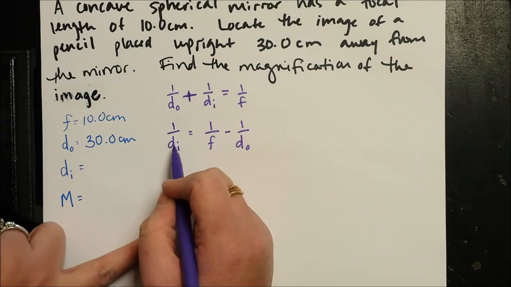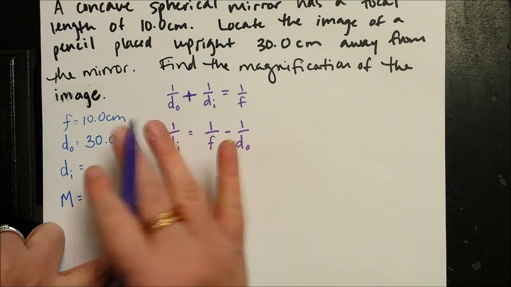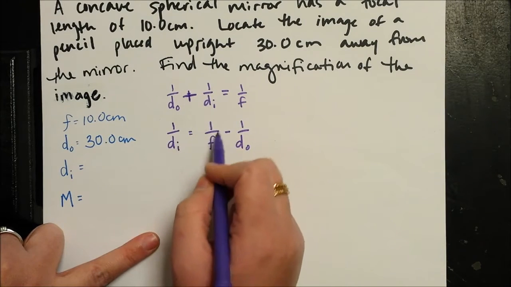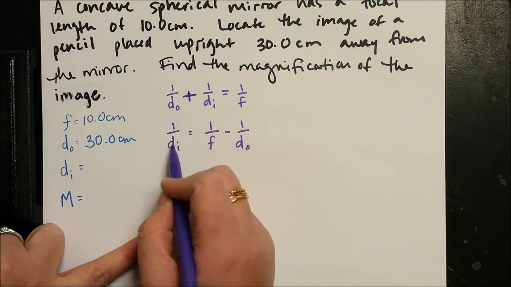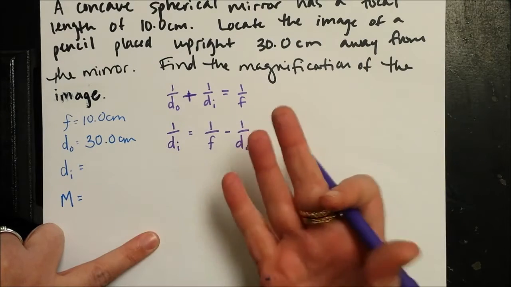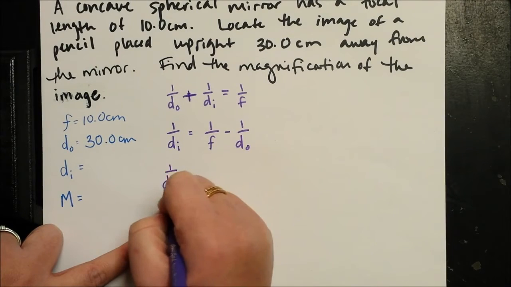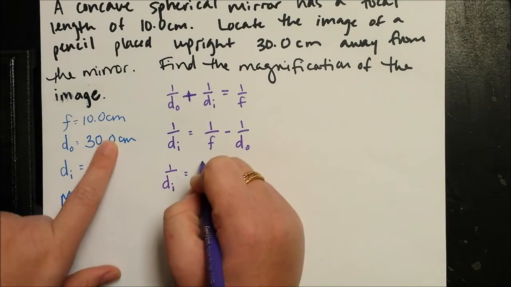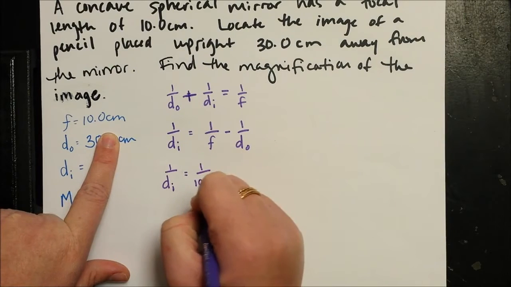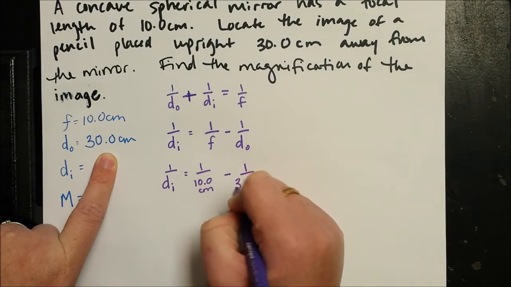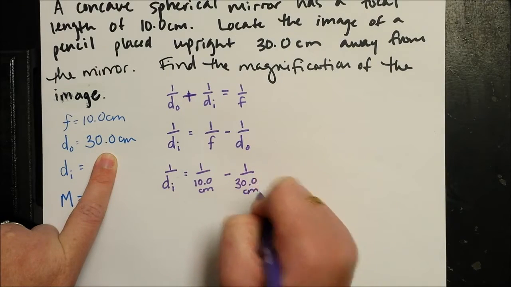So before I isolate this, I'm going to solve for the inverse of my image distance, and then I'm going to take the inverse. So let's start from here. I know that 1 over my focal length of 10 centimeters minus 1 over my object distance of 30 centimeters.